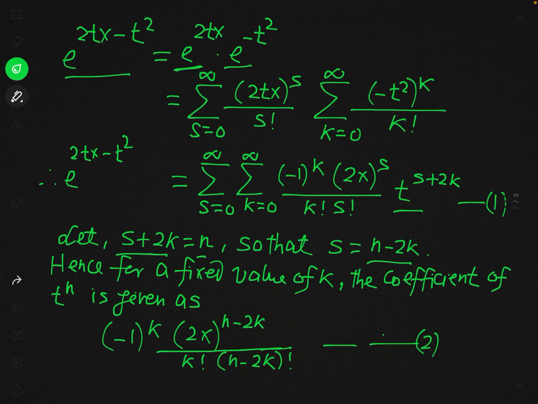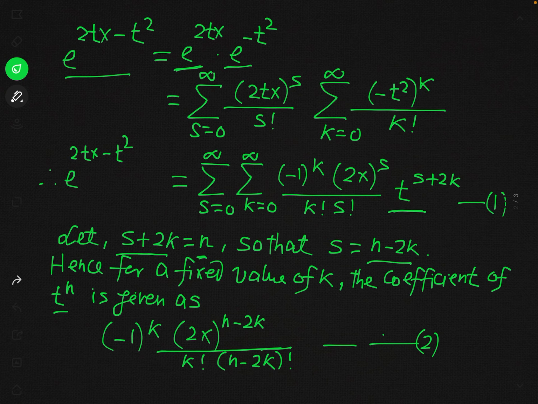Now, for a fixed value of k, the coefficient of t raised to the power n from this equation 1, you can easily see there is t raised to the power s plus 2k, but we have assumed that s plus 2k is equal to n. So instead of s plus 2k you can write n, and the coefficient of this term t raised to the power n will be what?